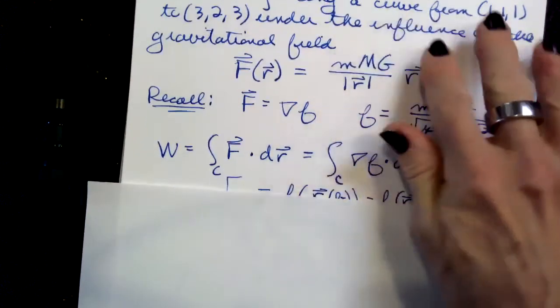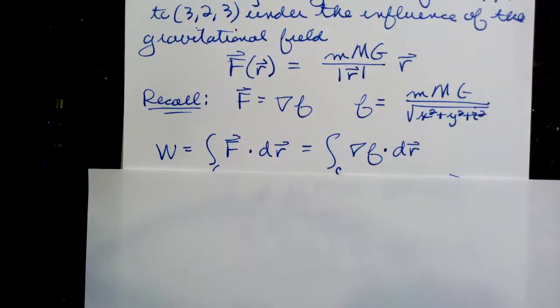So what is the work done when we move the particle along that curve C in this gravitational field? Well, we know from the definition that it is the integral over C of F dot dr, as discussed in one of the earlier videos in this module.